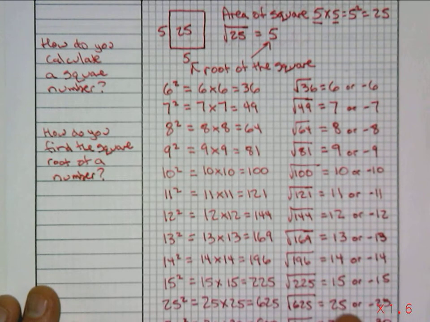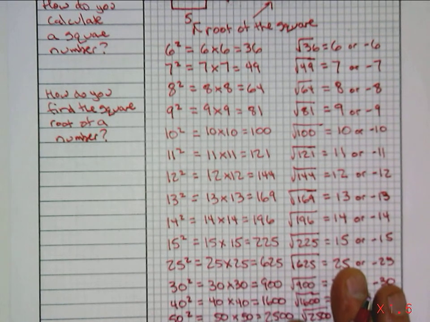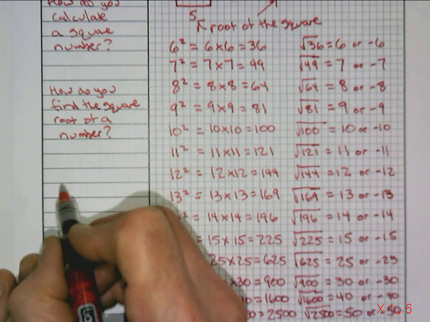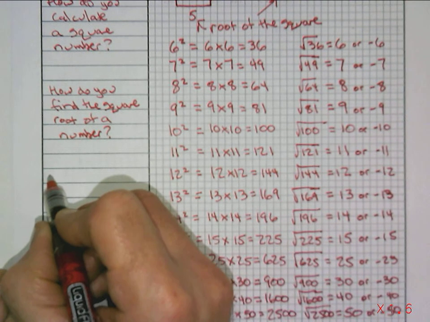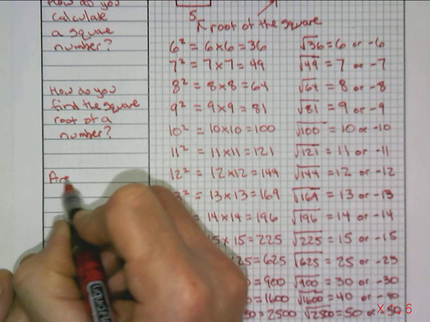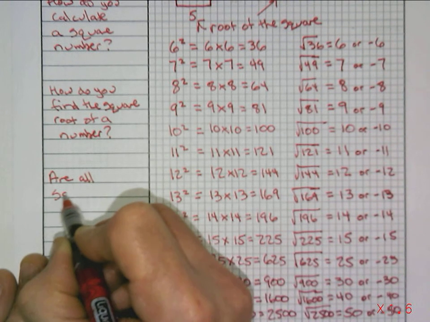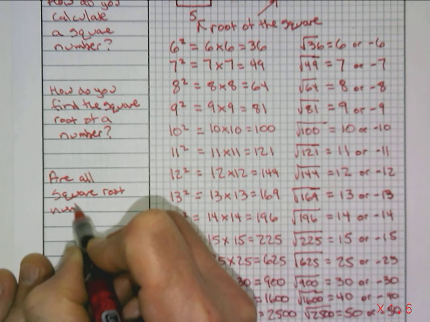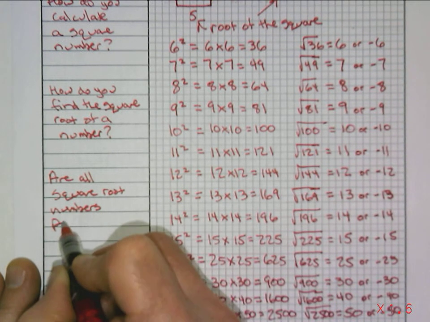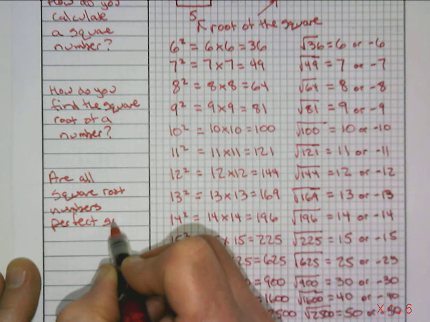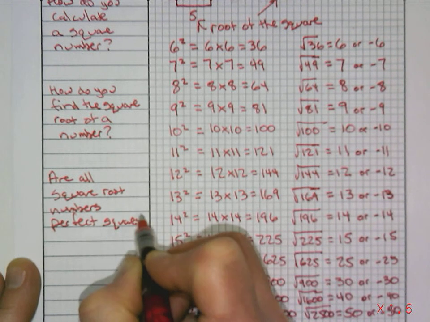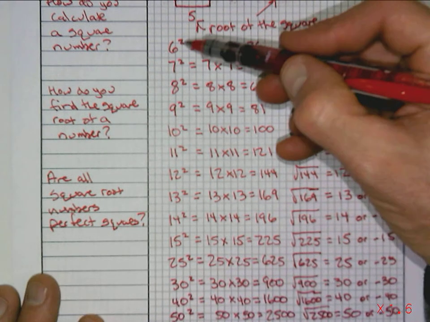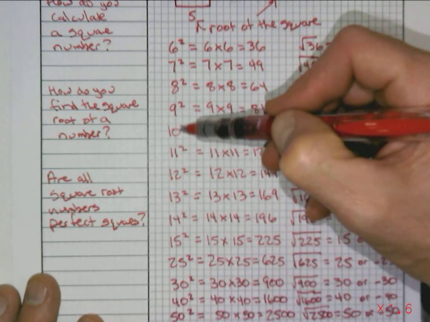And one last question that we want to ask, and in a later lesson we'll talk about this one, is: are all square root numbers perfect squares? That may not make a lot of sense to you just yet, but we look at all these: we have 6 squared, 7 squared, 8 squared, 9 squared, 10 squared, 11 squared.